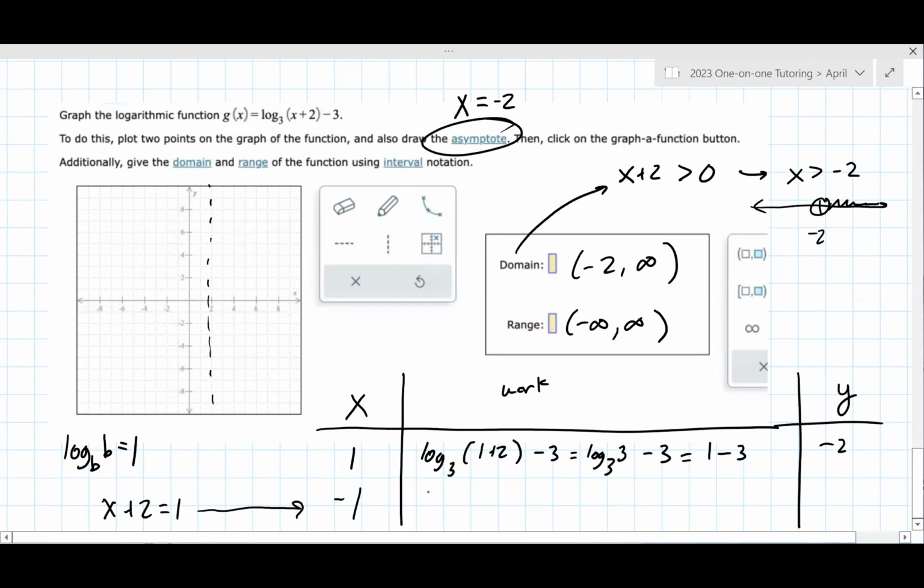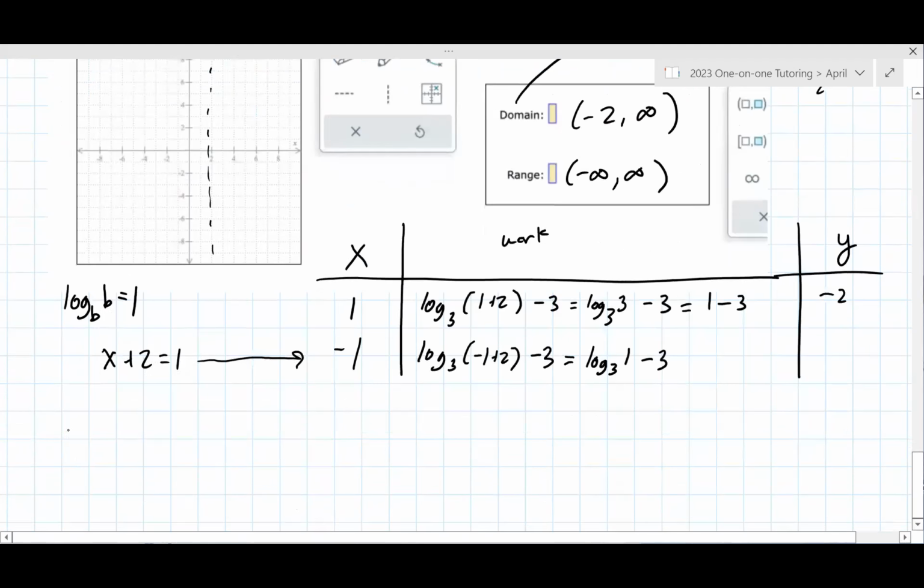So this is log base 3 of (-1 plus 2) minus 3, log base 3 of 1 minus 3. The reason you want that is the log of any base of 1 is always 0, so this becomes 0 minus 3, or -3. Okay, I'm getting the hang of it.